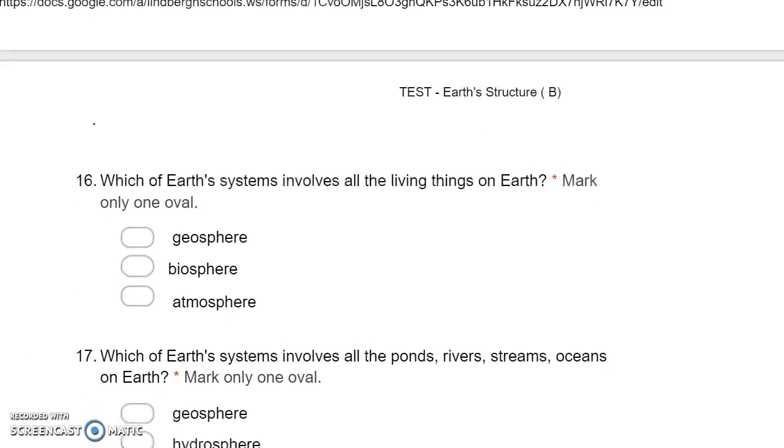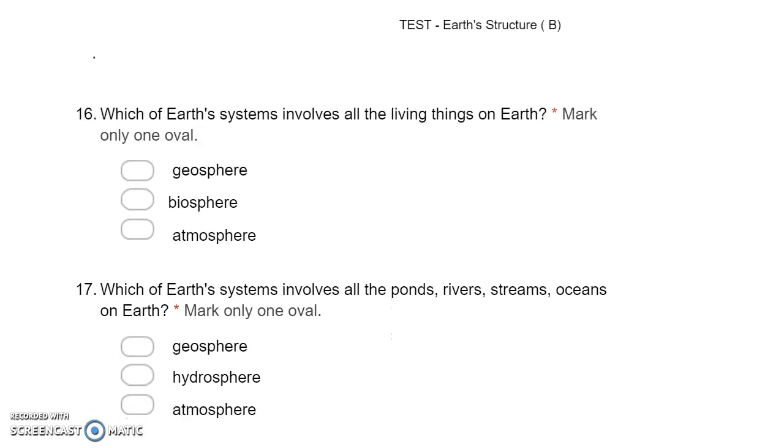Number 16. Which of the Earth's systems involves all the living things on Earth? Mark only one oval. The geosphere, the biosphere, or the atmosphere? Number 17. Which of Earth's systems involves all the ponds and rivers and streams and oceans on Earth?